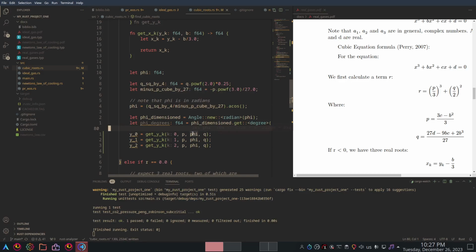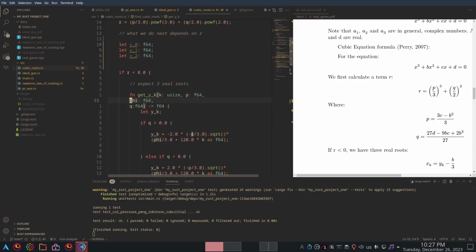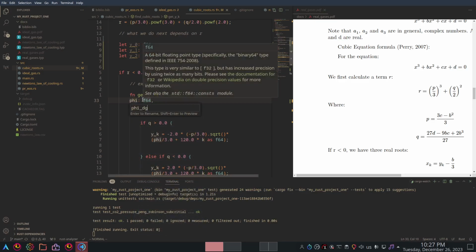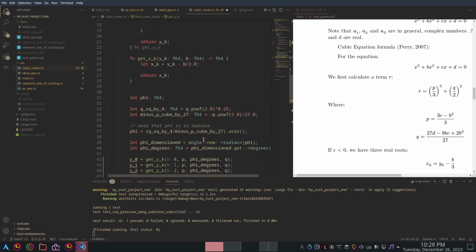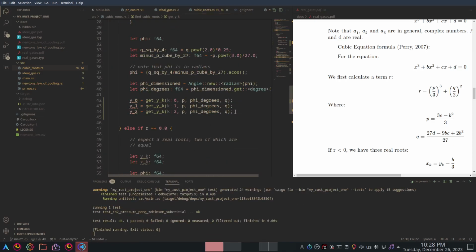I think I should substitute here phi in degrees, right? Phi degrees, because that was the expected correct unit. I'm going to change this to degrees. So let's see whether I can rename symbol phi degrees. So all of this should be phi degrees, not the number 5. So y0, y1, and y2 are done.